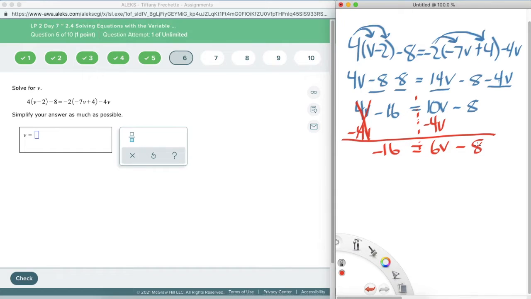All right. So now this looks like a two-step equation again. What's being added or subtracted on the same side as the variable? 8 is being subtracted. So I'm going to add 8 to both sides. We can subtract these, say 16 minus 8, because they're opposites. They are going to subtract, but I have more negative than positive.